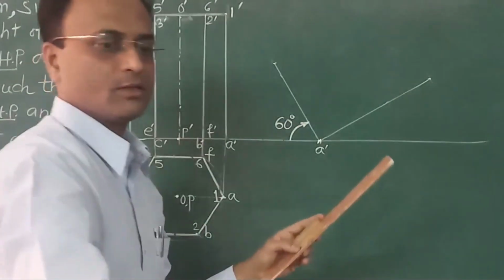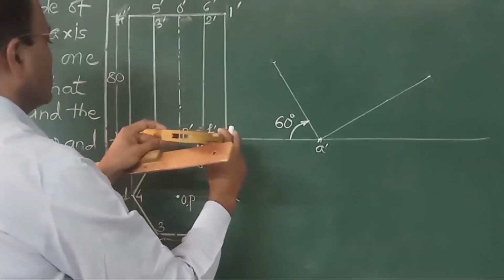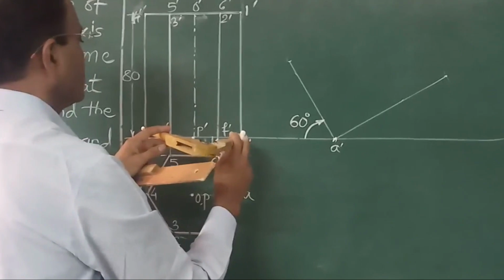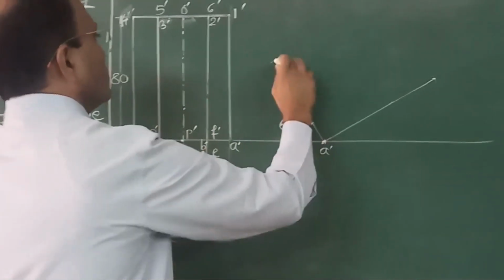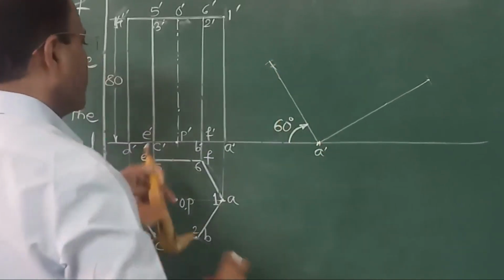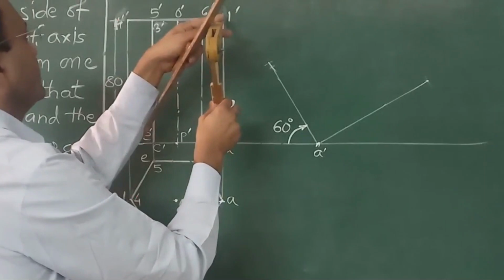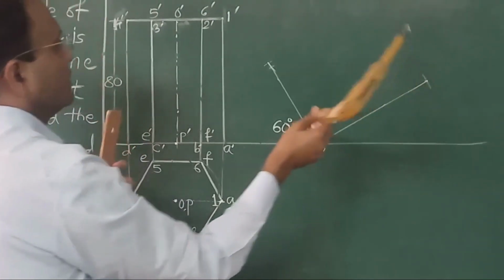For reproduction you can take help of a compass and along the 60 degree line mark this distance. Then putting the pointer at A, measure distance A dash 1 dash and mark it along this line. So it is A dash 1 dash.